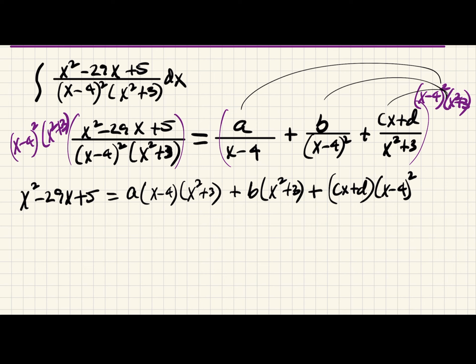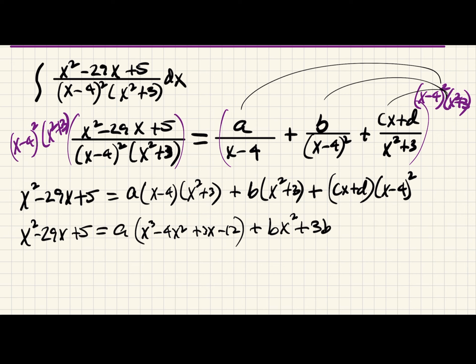Now we get to multiply all this out. So we have x squared minus 29x plus 5 equals a. Now, I'm going to multiply x minus 4 by x squared plus 3. So I'm going to have x cubed minus 4x squared plus 3x minus 12. I can go ahead and multiply through by this b now. I have bx squared plus 3b.